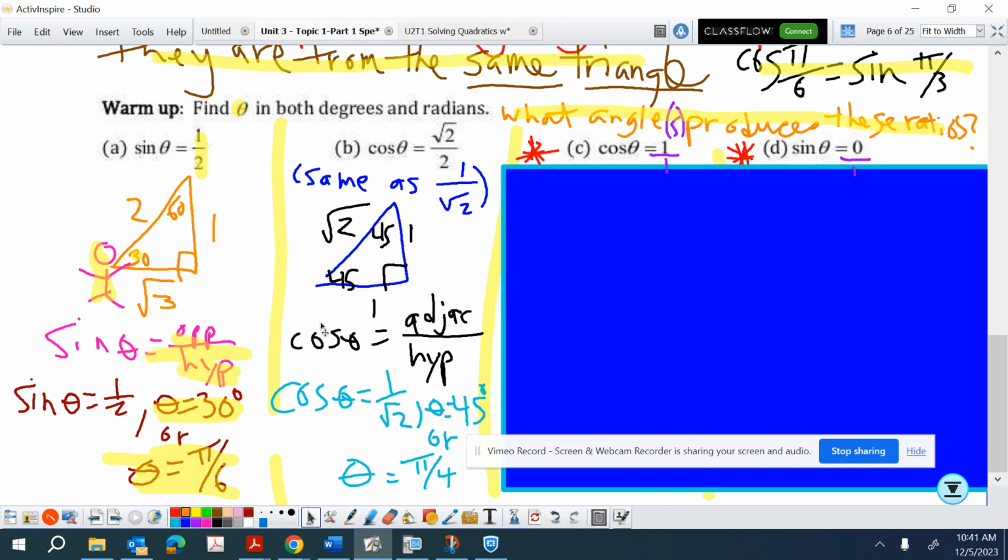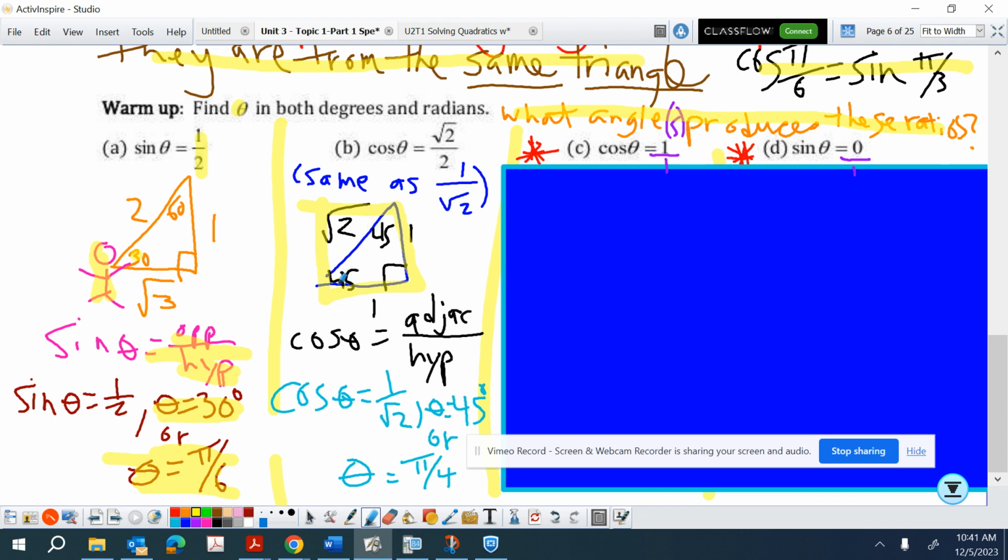I draw my triangle. And I know that if it's square root of 2 over 2, if I multiply the top and bottom by square root of 2 over square root of 2, it's the same as 1 over square root of 2.